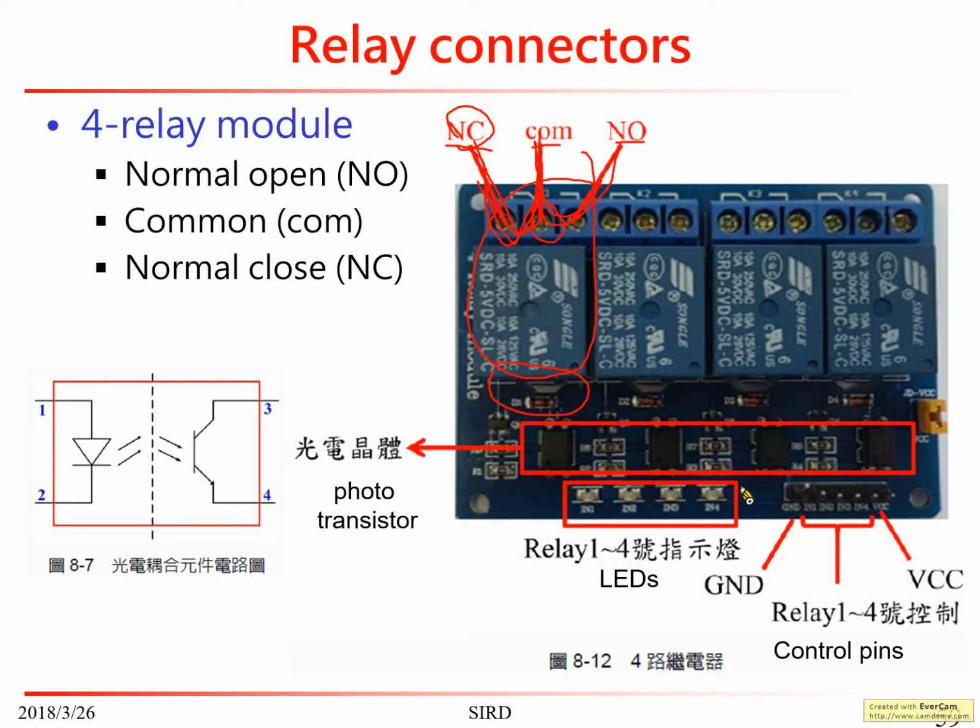So what that means is, if you apply some kind of voltage here and turn this relay on, then the normal open and the common will be connected together, and the normal close will become disconnected. So it depends on whether you supply power or not.